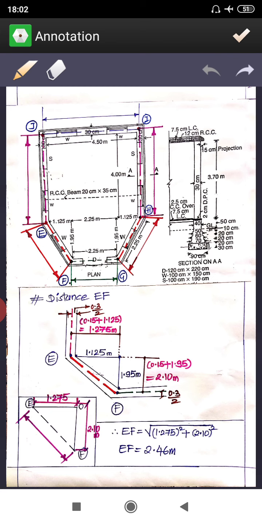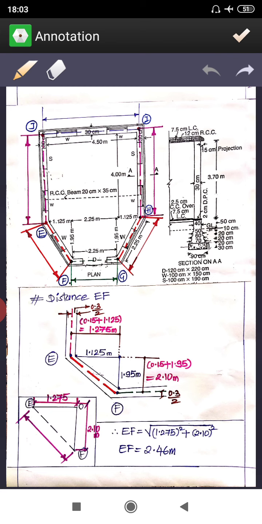Now here HI and JE are the same in length. EF and GH are the same in length. So I am taking two long walls, HI and JE, one short wall, IJ, one long wall, FG, two short walls, EF, GH.